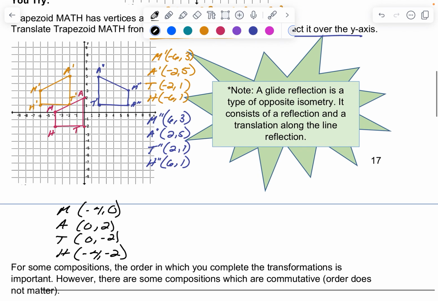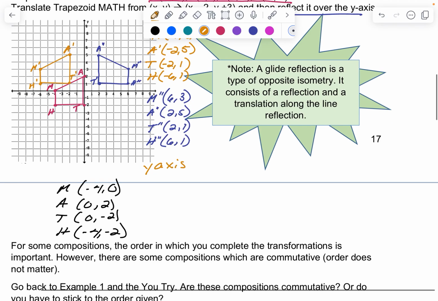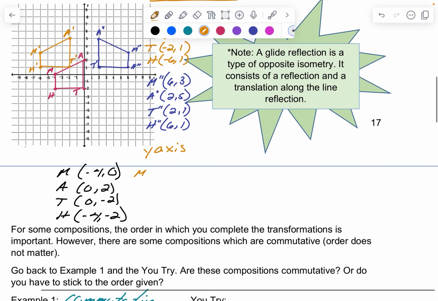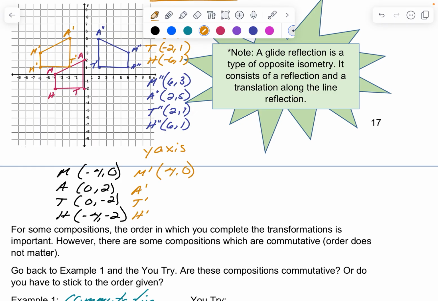We're going to do that first. Remember, that changes the x-coordinate. So this is going to be (4, 0), (0, 2) still, (0, -2), and (4, -2).